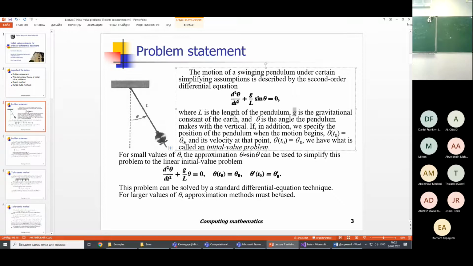But this second equation will describe the motion of the pendulum only when the angle is small, only when the pendulum moves near the vertical line. If the angle is large, the second equation does not describe the motion of the pendulum. We should use the first one with sine.